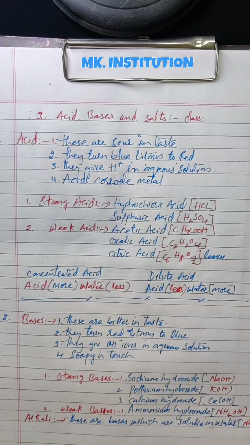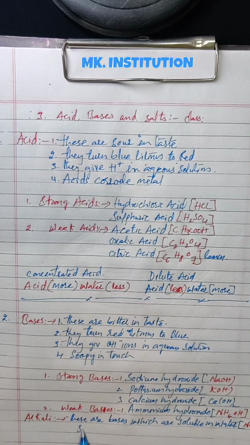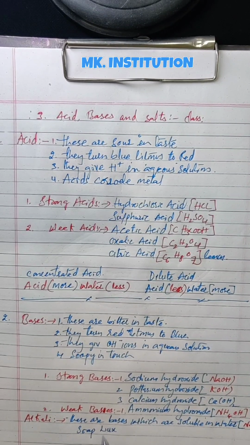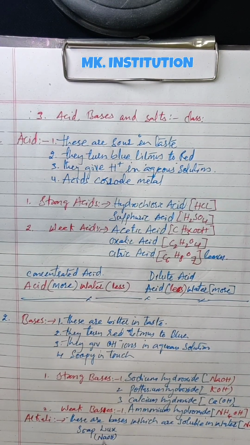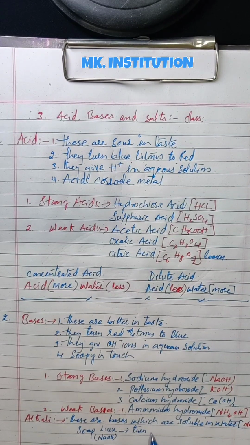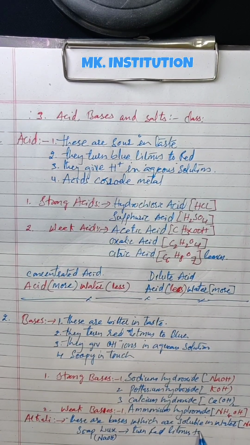A good example is sodium hydroxide. Take the soap example, like Lux soap: sodium hydroxide, NaOH, is present, which can easily dissolve in water. And it easily turns red litmus paper to blue, which shows the basic property. Clear?